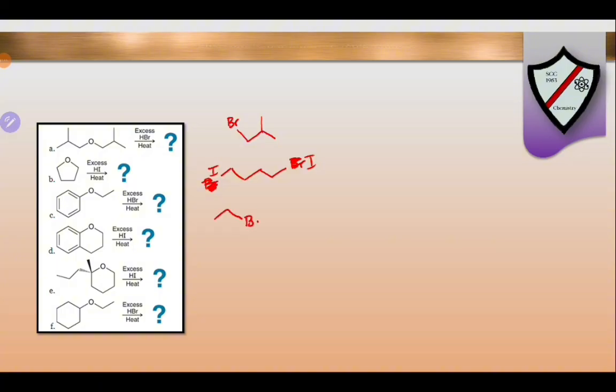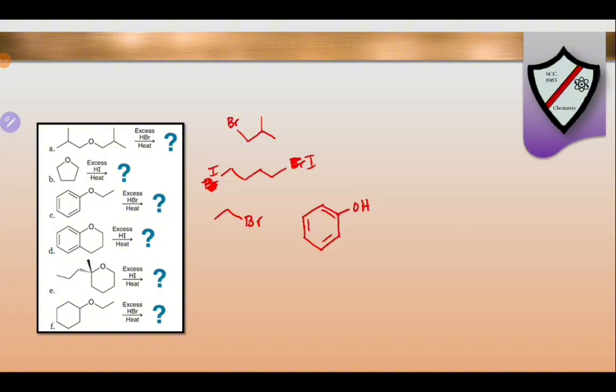And we learned that the sp2 centers are not good candidates for substitution, so instead it's the protonated version of the resulting R group, and so we get phenol as one of our products.